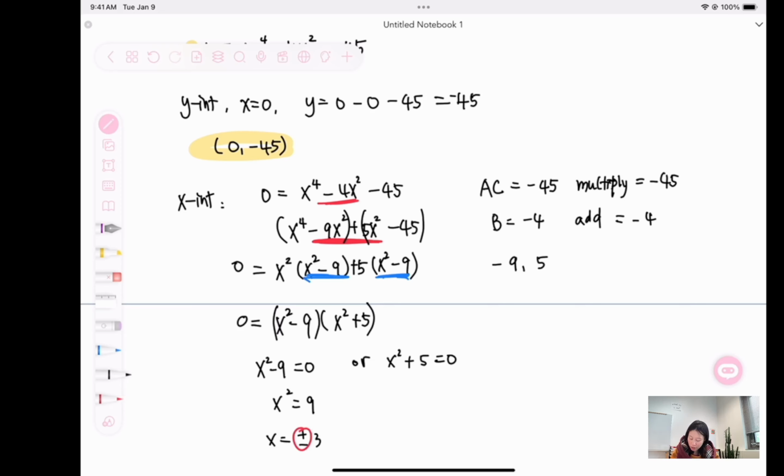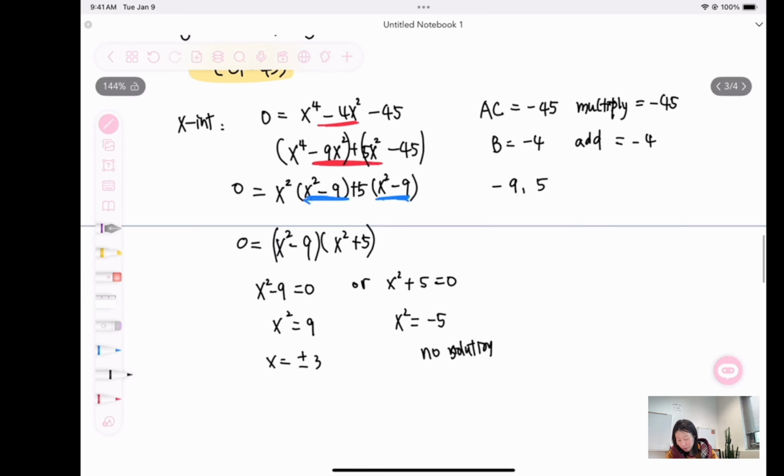Now, on the other side, x squared equals negative 5. Well, we know that x squared has to be a positive number or 0. It can't be negative. So we need to drop this one. No solution for this one. So that means we have two x-intercepts, (3, 0) and (-3, 0).